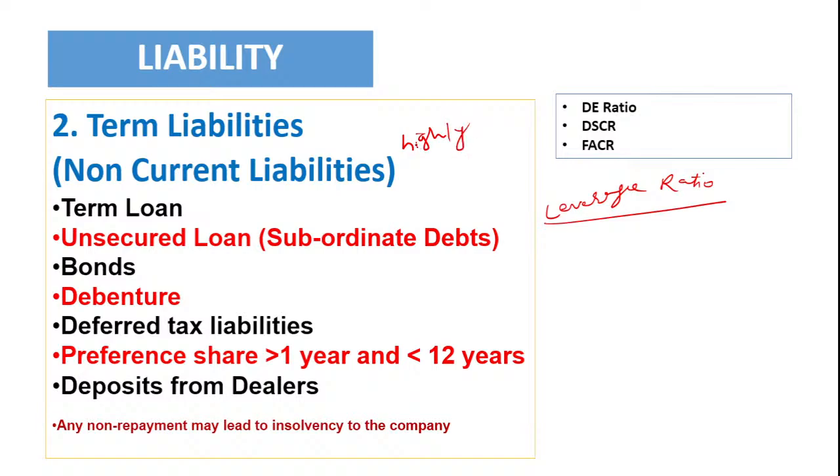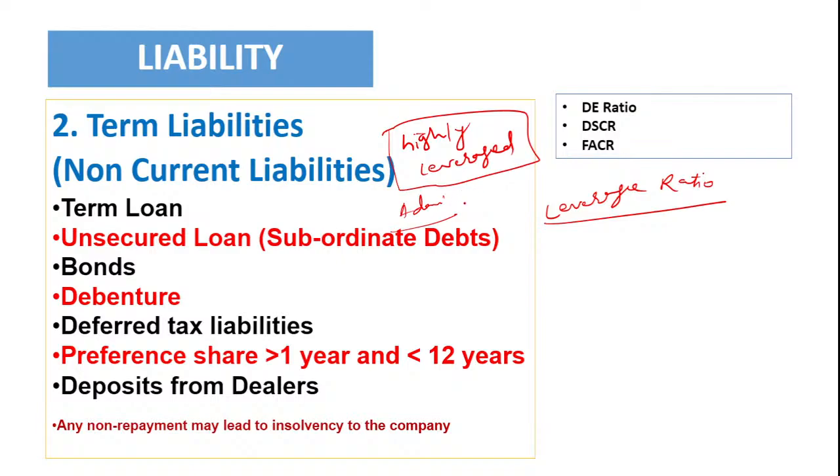Highly leveraged means the company has taken more loan than its capacity. Even in the recent news, the Adani Group is a highly leveraged group, meaning they have taken more loan than its capacity.